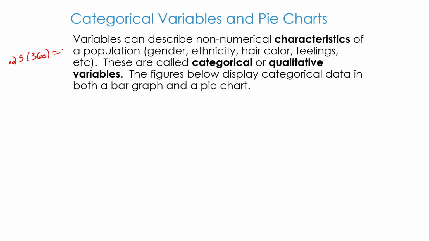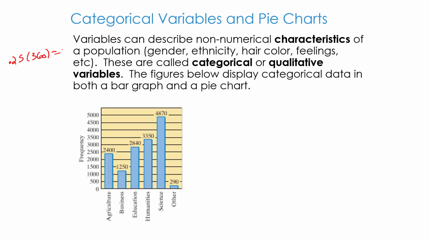The figures below display categorical data in both a bar chart and a pie chart. So in a bar chart, your bars don't have to represent numbers. They can represent categories, right? So this is the majors of students at a university. Agriculture, you have 2,400.